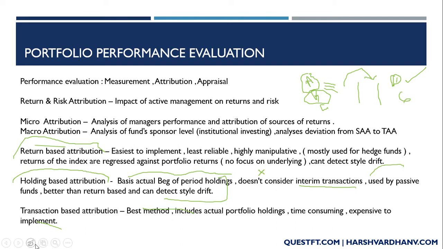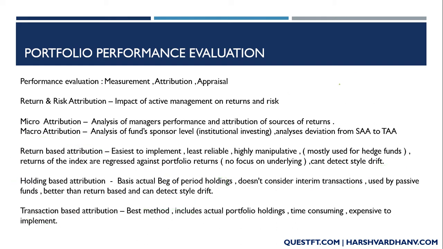What is a style drift? Suppose you have a fund manager who claims that he is looking for large cap growth stocks. But if you do the attribution for the fund for 1 year or 2 years, you will find that this fund manager, though he's claiming to be in large cap, his attribution analysis reveals that he is in mid cap growth stocks.